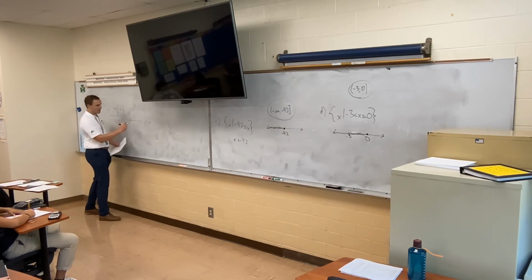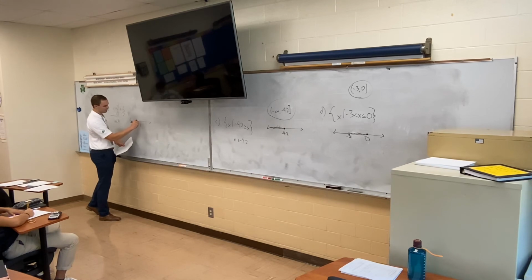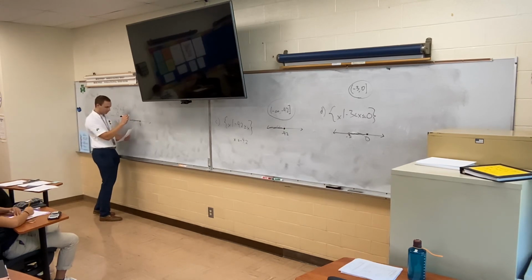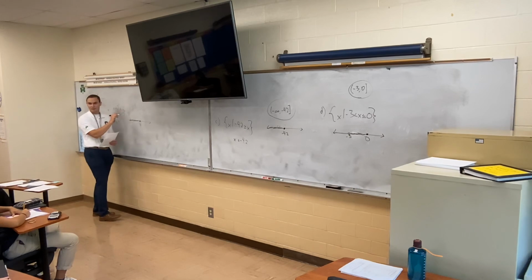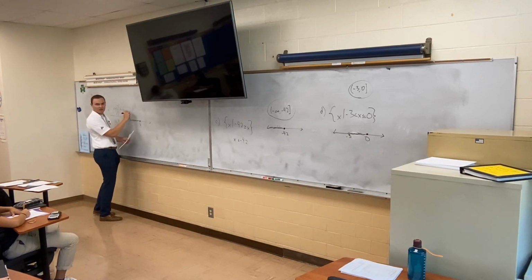So I have 4 right here, solid dot or hollow circle? And then shade left or right? Left, okay. All the x's are less than or equal to 4. What's my interval? Danny, do you know? Square, 4, comma, infinity, parenthesis.